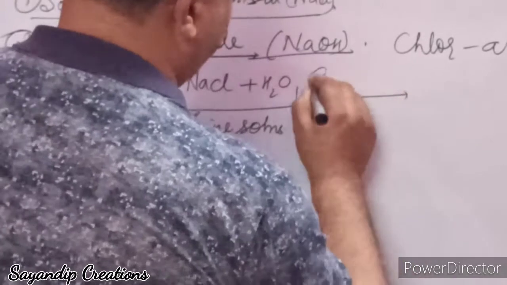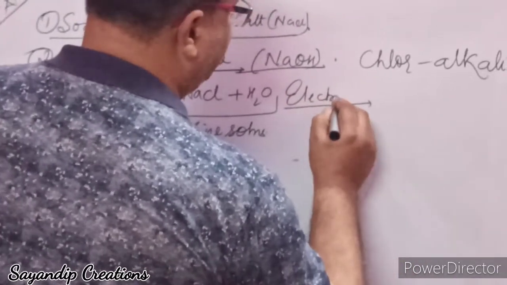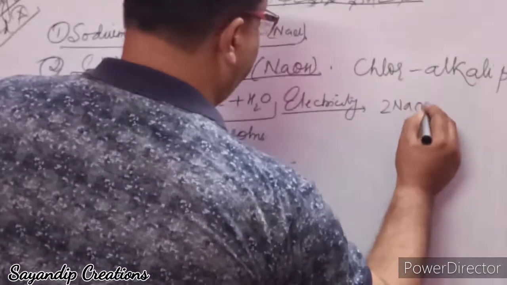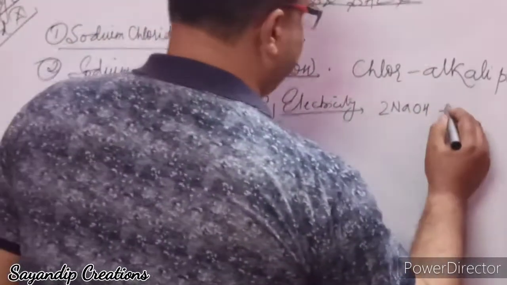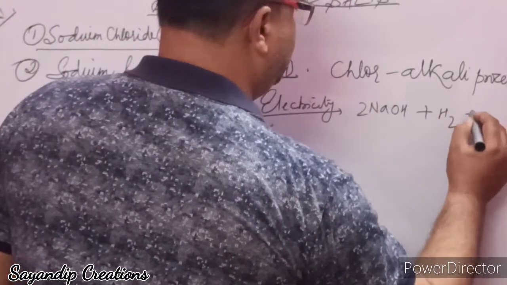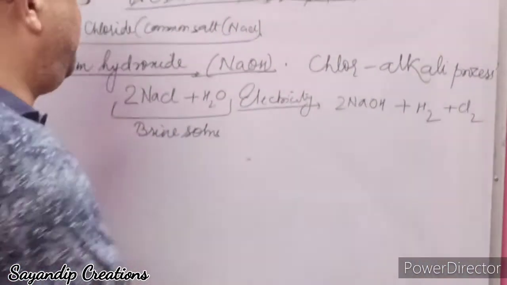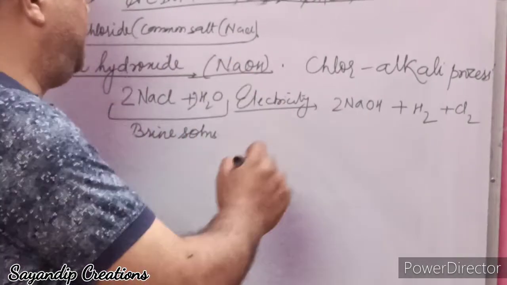On passing electricity, it forms 2NaOH plus H2 plus Cl2.